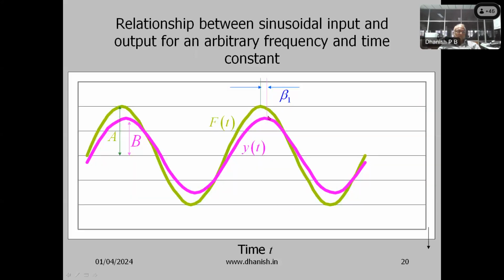So this picture shows the two signals. The input signal has an amplitude A, shown in green, and the output signal has an amplitude B. The peak is delayed by an amount beta 1.